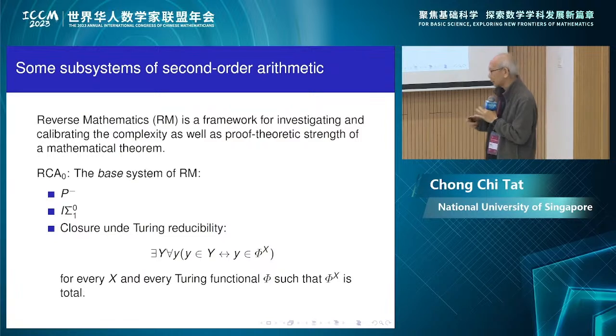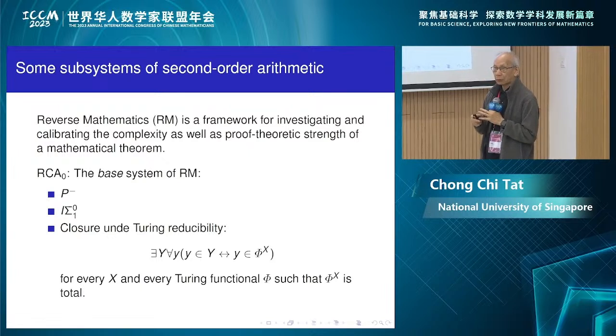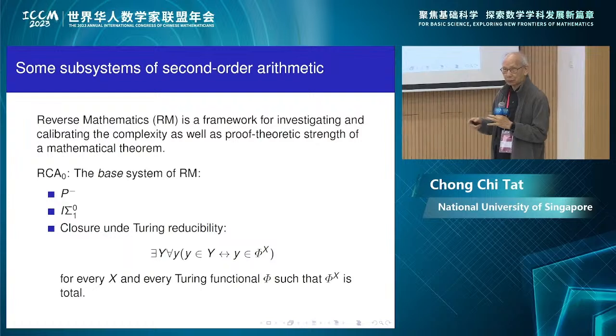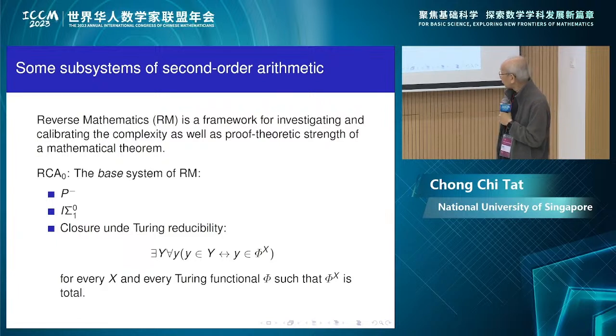When we say that it is a set, it means the following. We have a model. A model consists of what is called the first order part, the natural numbers, and then the second order part, which consists of subsets of numbers.